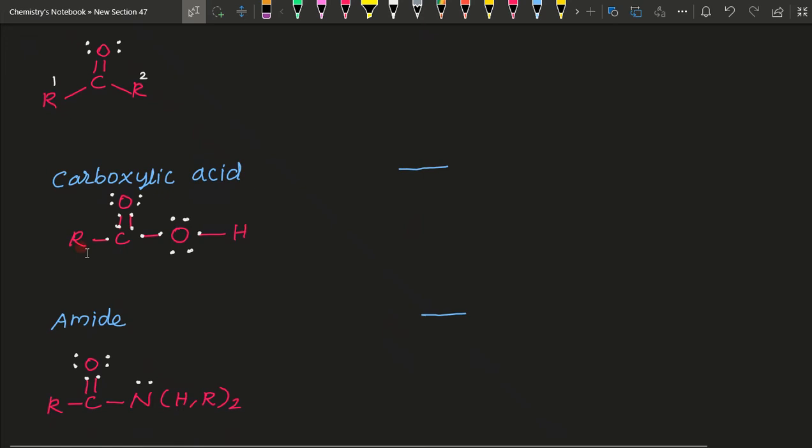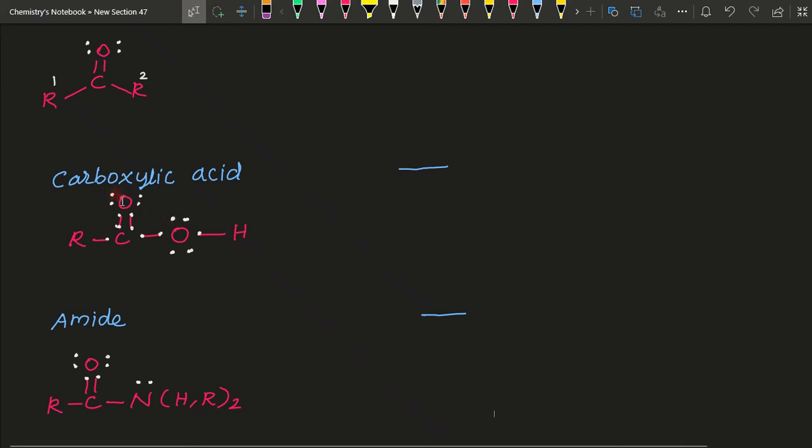Here R represents the rest of the molecule. So we know that oxygen makes a double bond. This oxygen also has two lone pair electrons.